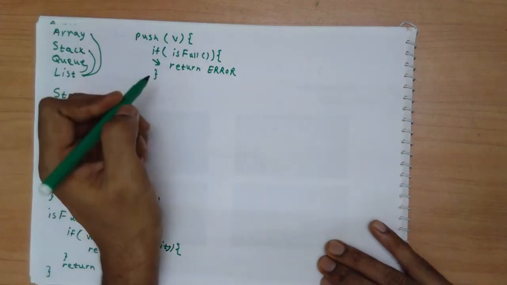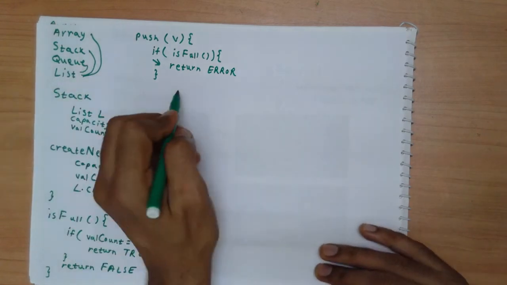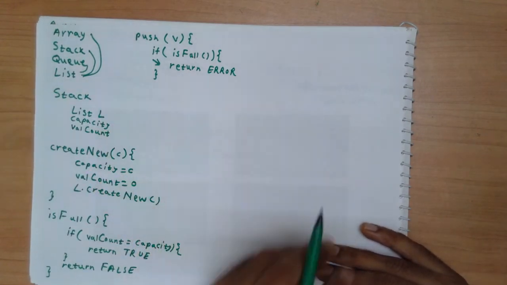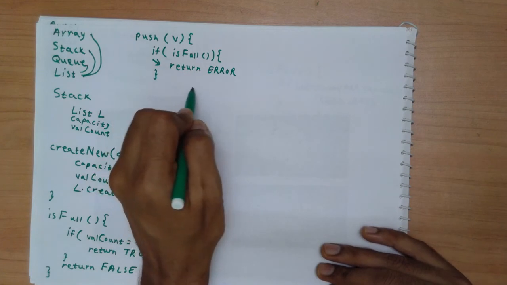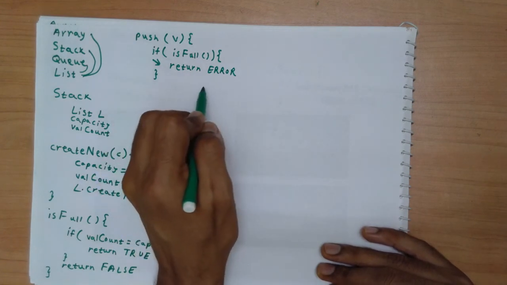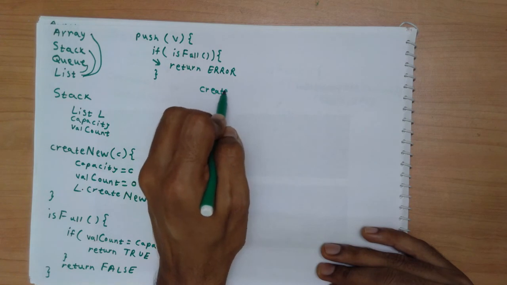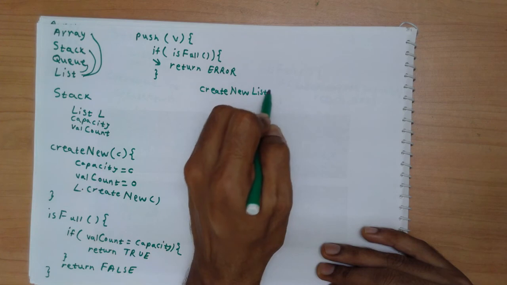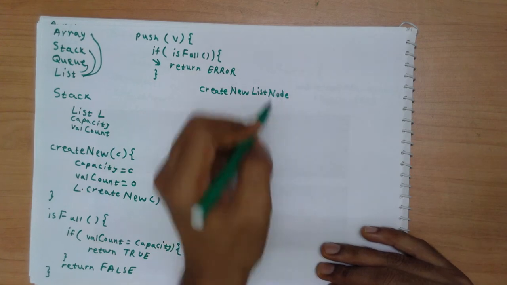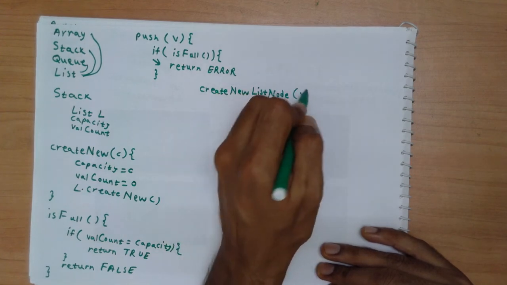Then what I should really do is I should create a new node. Okay, so create new node of the list. So I will say that create new list node, with value v.